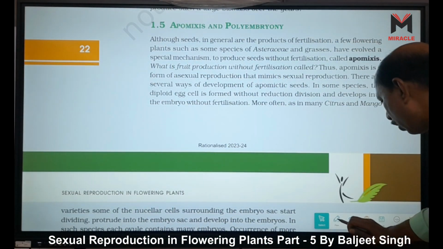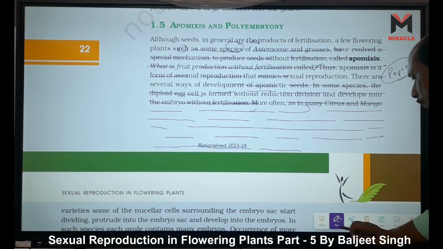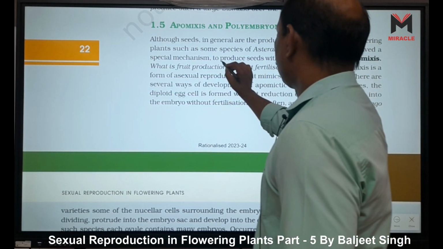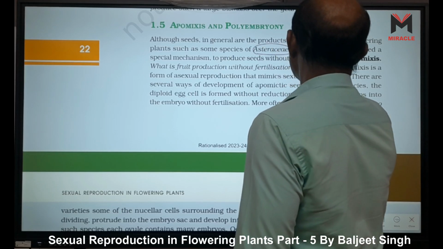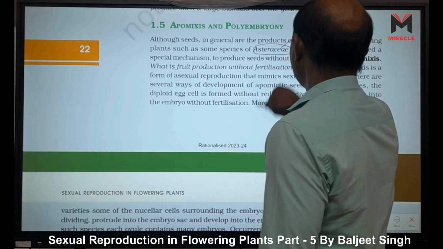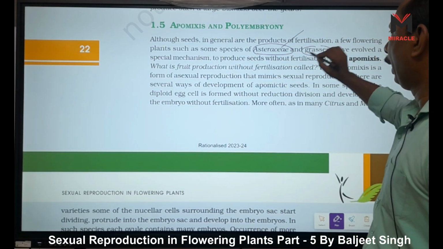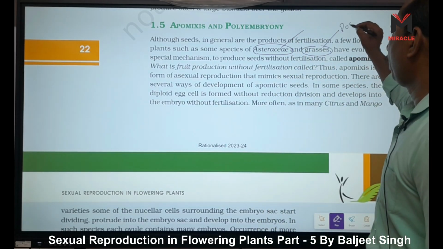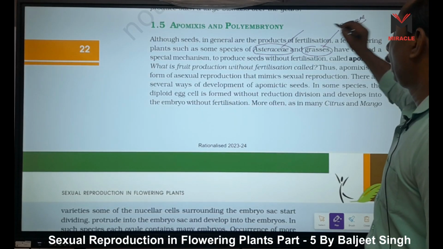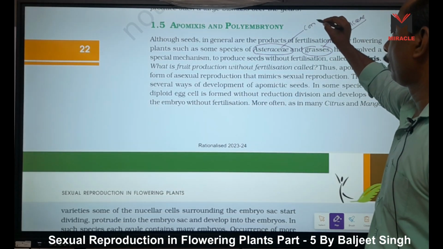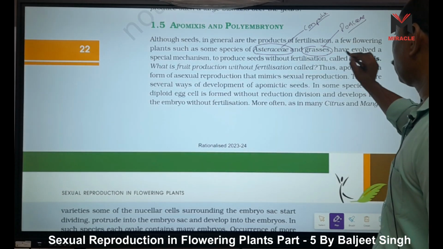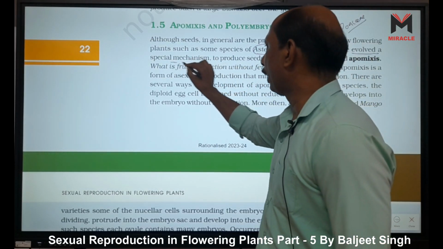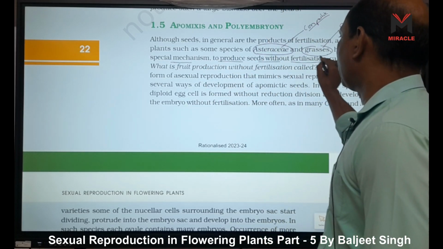Means seeds are also developed in the absence of fertilization, right, in Asteraceae and grasses. Asteraceae means the compositae family, and grasses means Poaceae or Gramineae family.